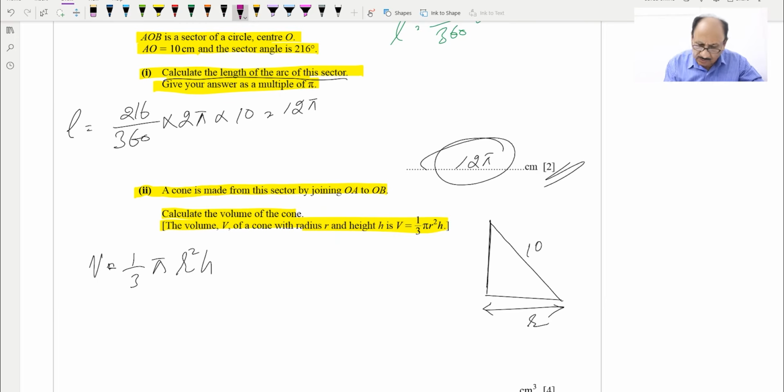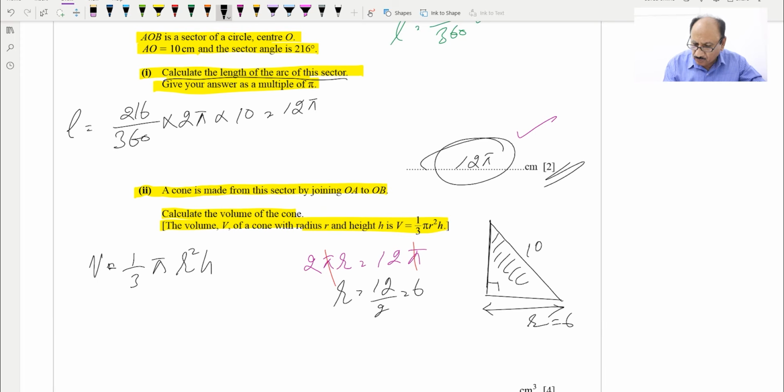So we have 2 pi r, which is basically the length of the arc. We know 2 pi r is equal to 12 pi, and pi we can cancel, and we will get r is equal to 12 over 2, which is equal to 6. So this r is equal to 6, and now this is a right angle triangle.